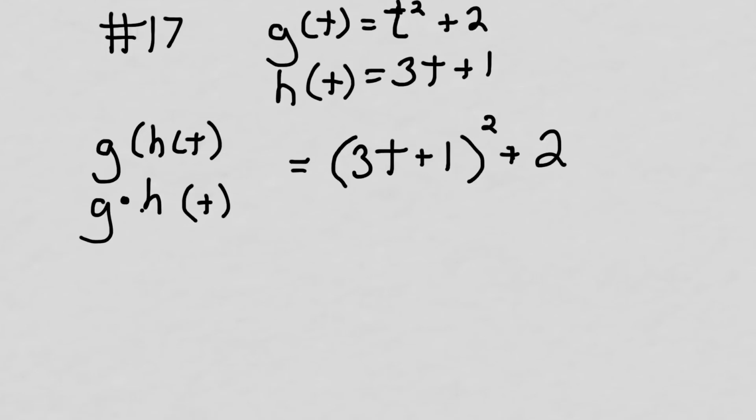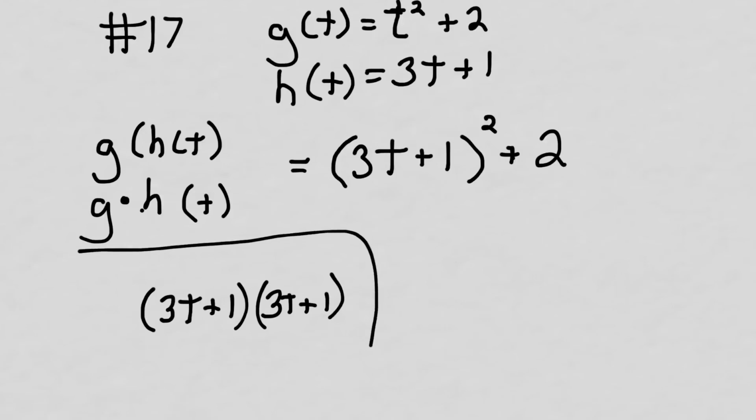So 3t plus 1 squared, we're going to actually have to FOIL 3t plus 1 times 3t plus 1. I'm doing this off to the side. This is totally separate from this problem, but it has to be done. 3t times 3t is going to give me 9t squared. Outer, 3t times 1 is going to give me plus 3t.